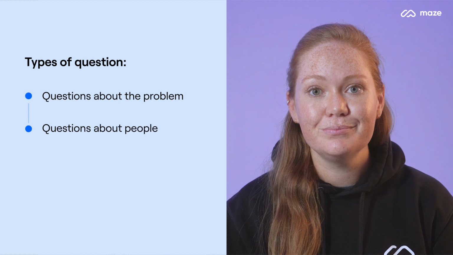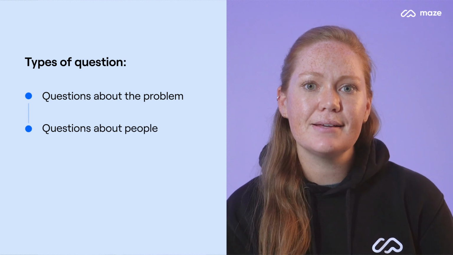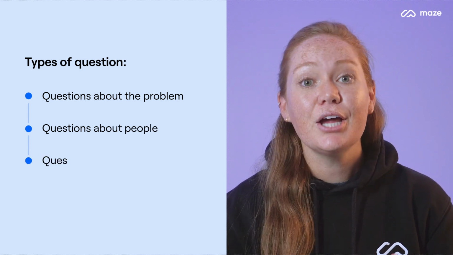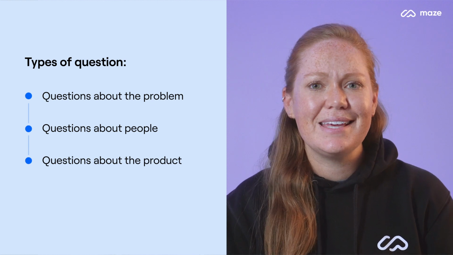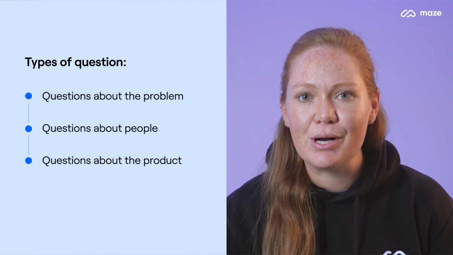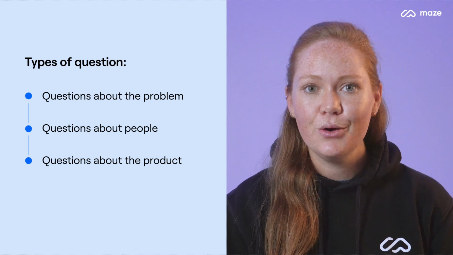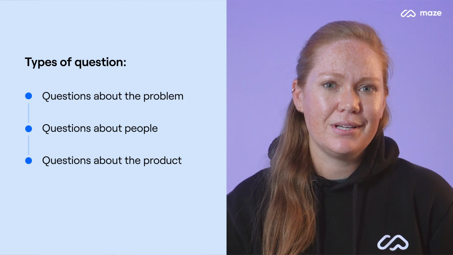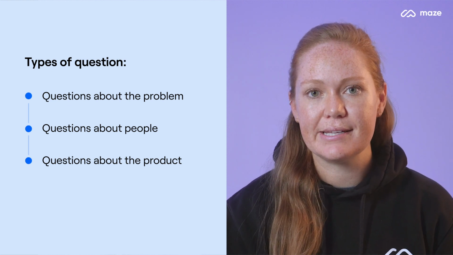Questions about people, looking at your user demographics and how they use products. And questions about the product itself. Things like how users feel about content or design elements, whether the product is easy to navigate, and what features users like or dislike.